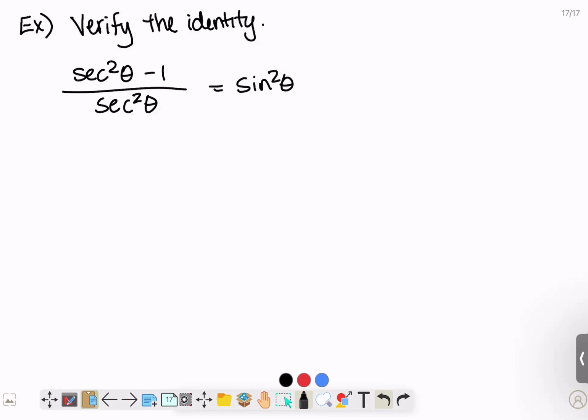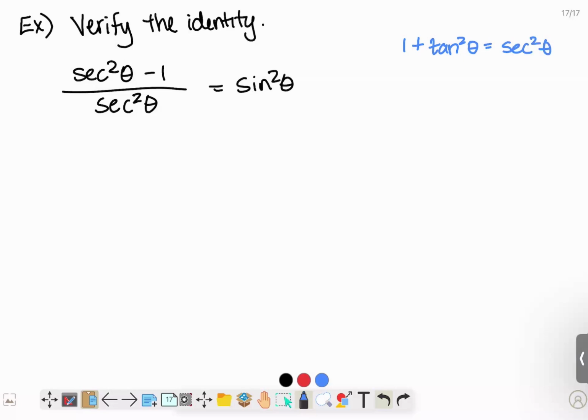All right, so first up here, looking at these two, I see two options. You could separate this fraction into two separate fractions, but I definitely see an identity in that numerator. There's a Pythagorean identity, and I'm going to use the one that says 1 plus tangent squared equals secant squared.